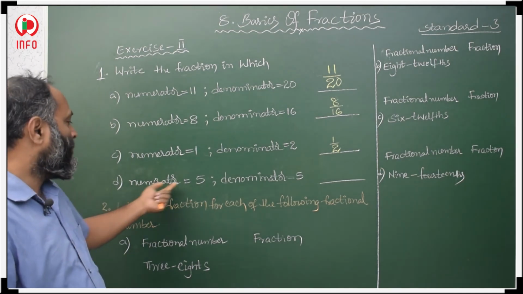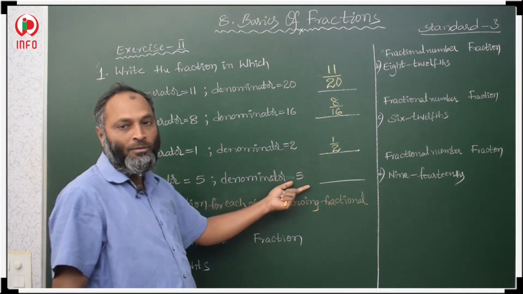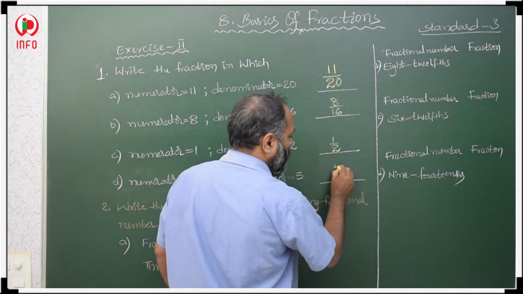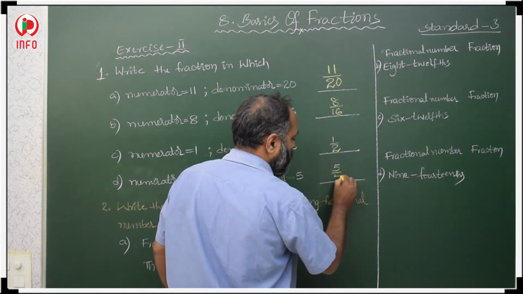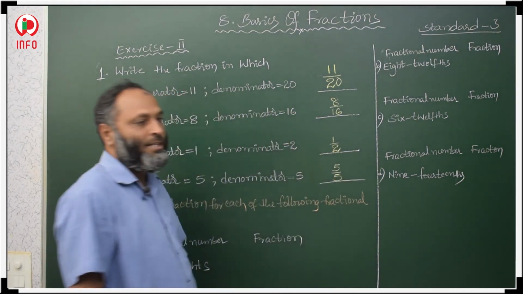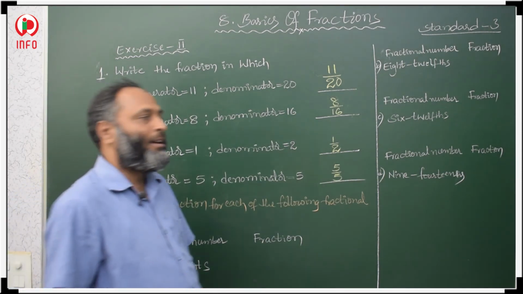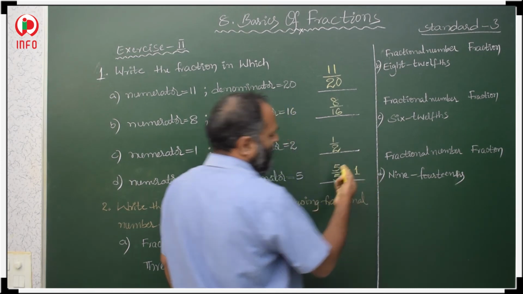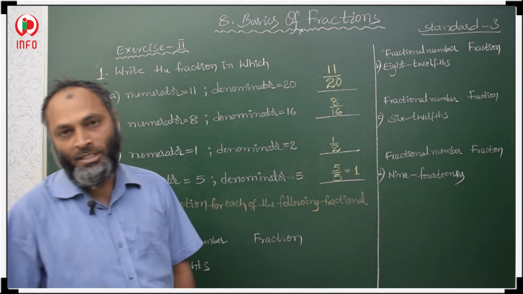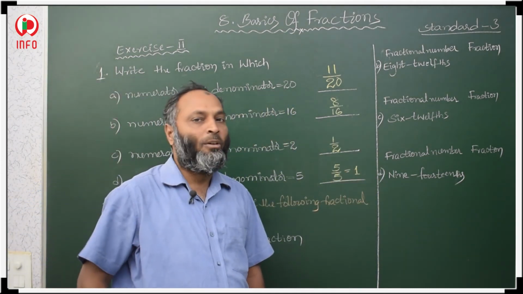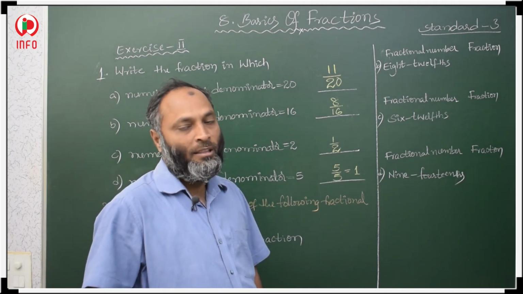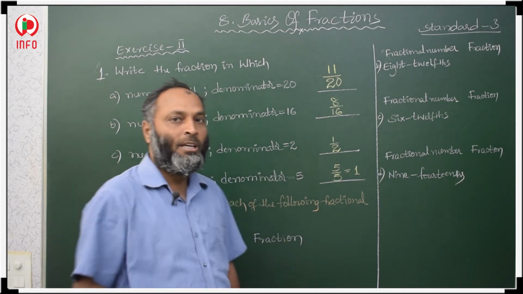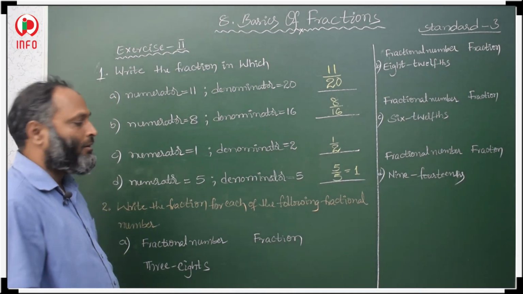Then the next fraction, numerator 5, denominator 5, so 5 by 5. If numerator and denominator are both the same, then we call it 1, or otherwise write 5 by 5, that is your wish. If the numerator and denominator are equal, then the value is always equal to 1. Okay? This point you have to remember.